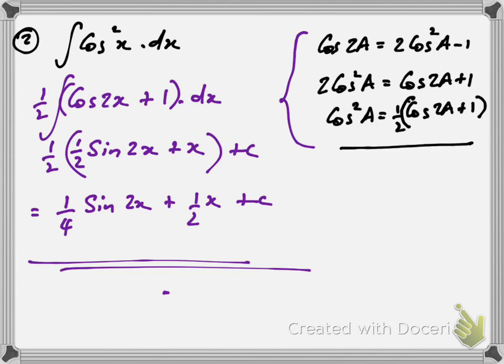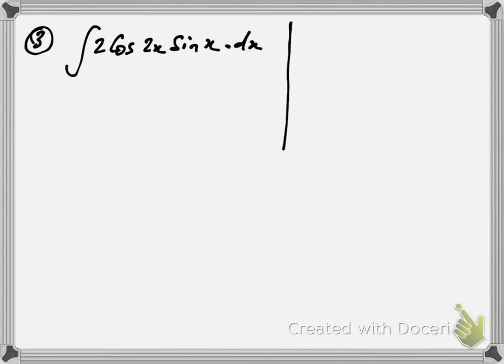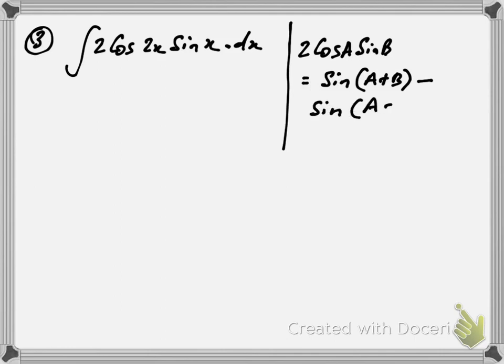Let's do some more. All right, let's venture into something a little bit more complex. So the question looks something like the integral of 2 cos 2x sine x dx. Now one of the things you will notice is cos has a 2x and sine has an x. So multiplication of cos and sine usually comes up in a product rule, and one of the product rules with a cos and sine specifically is 2 cos a sine b is equal to sine of a plus b minus sine of a minus b.